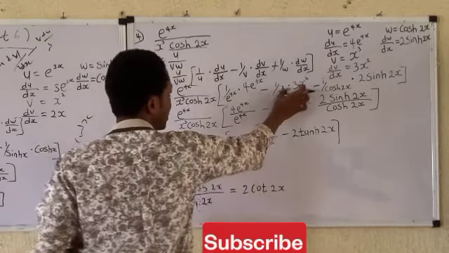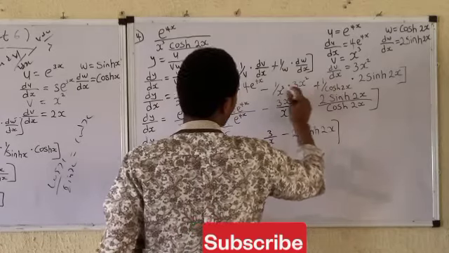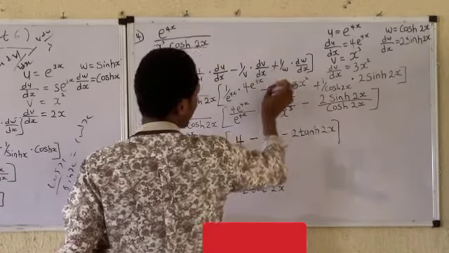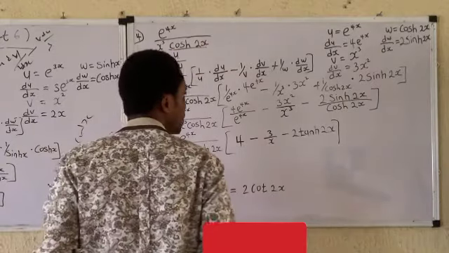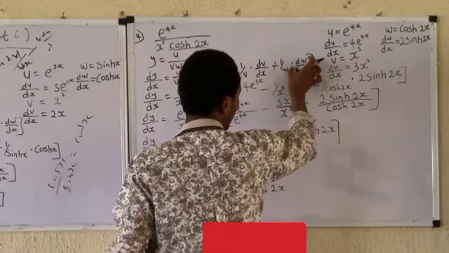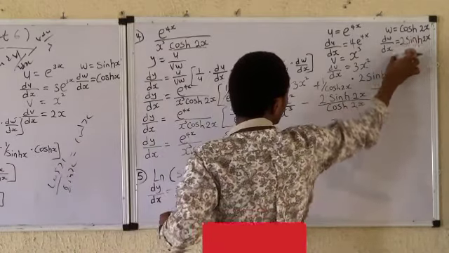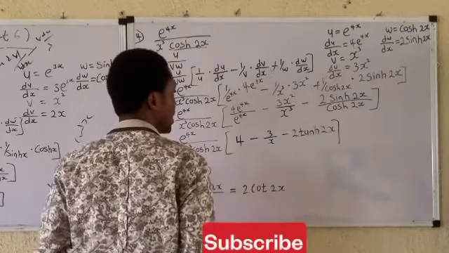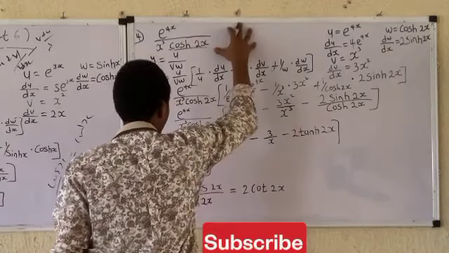You see? 3x squared. Now, plus 1 over w. We took cos 2x as our w, and the differential form, dw/dx, is 2 sin 2x. Now remember, they say find dy/dx.